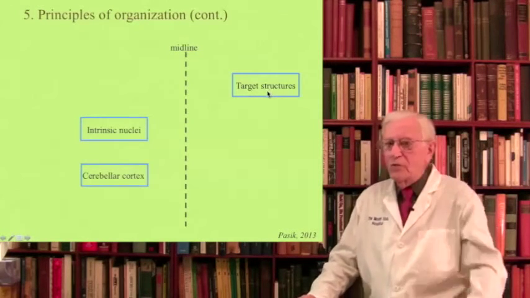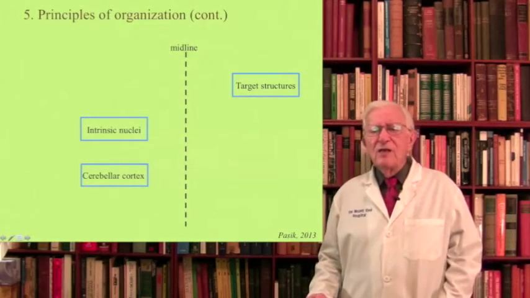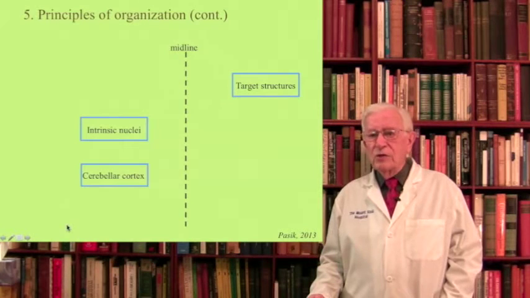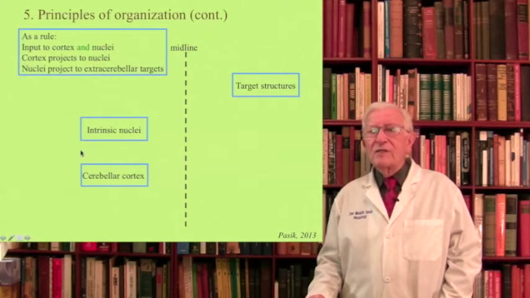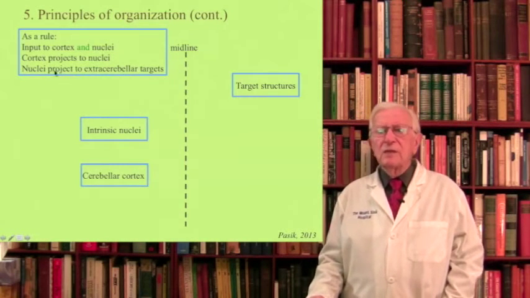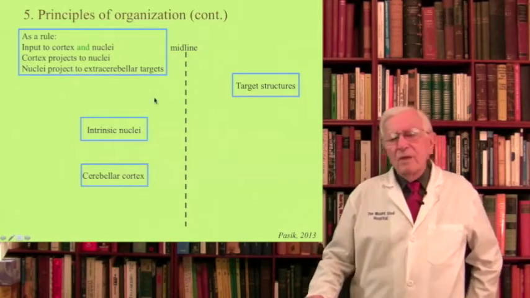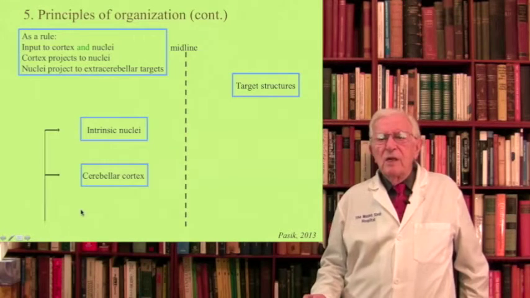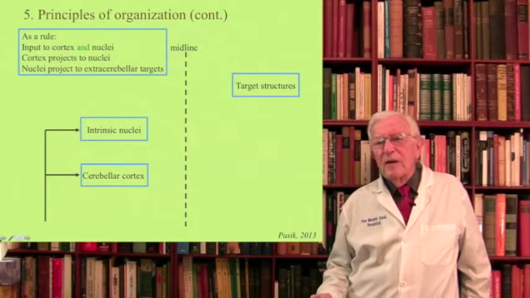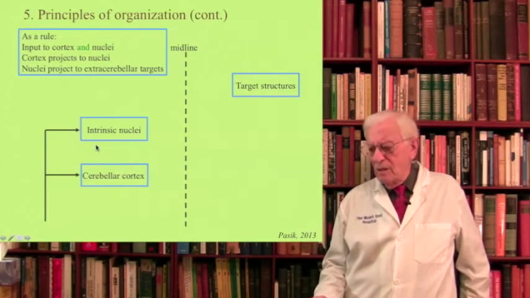Remember that the output was crossed. As a rule, the input to the cerebellum goes both to the cerebellar cortex and the intrinsic nuclei, to both. That's what I'm trying to show here.